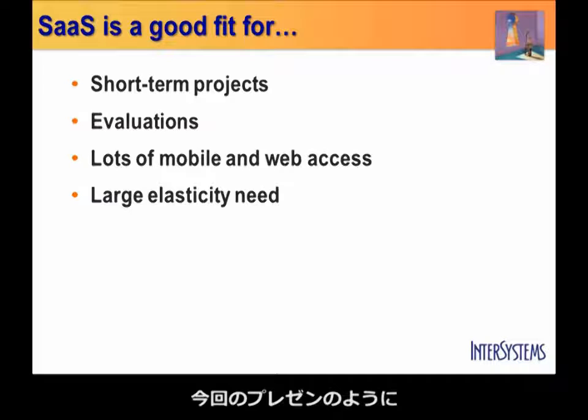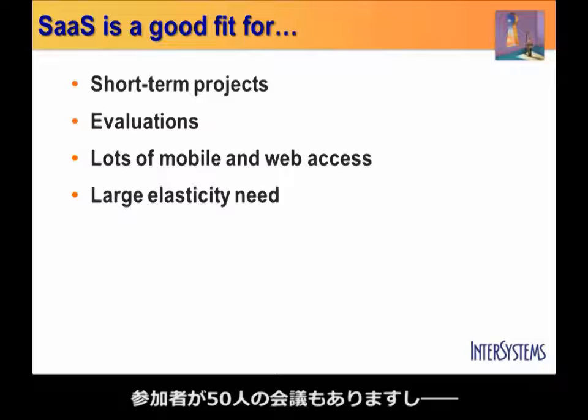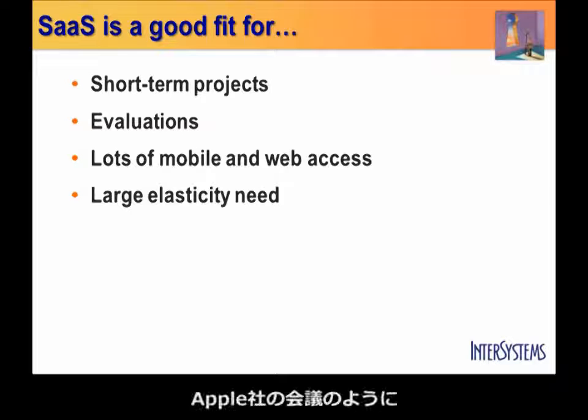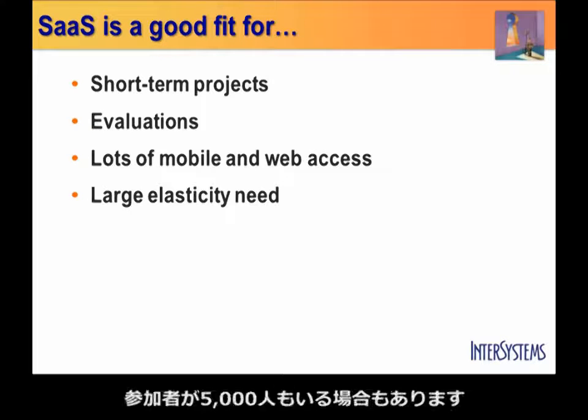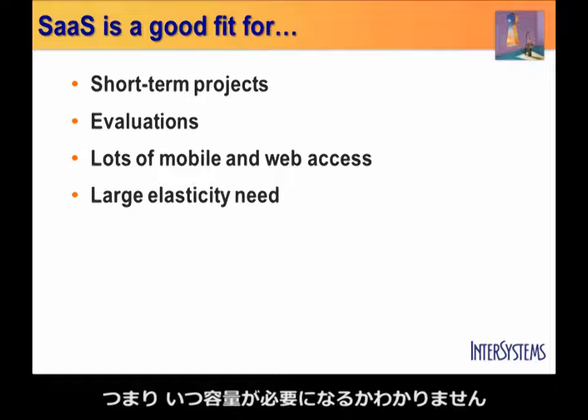So they have a very unique use case because they go to some conferences where there are 50 participants, just like this room, right? They also go to conferences like Apple's conference where there's 5,000 people, right? So they have no idea when they're going to need capacity.